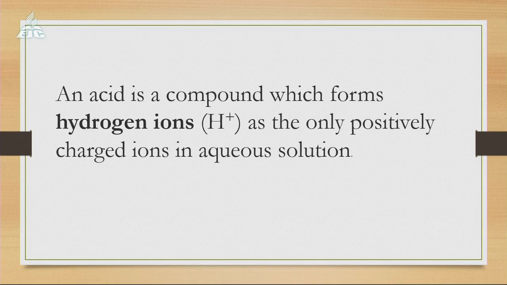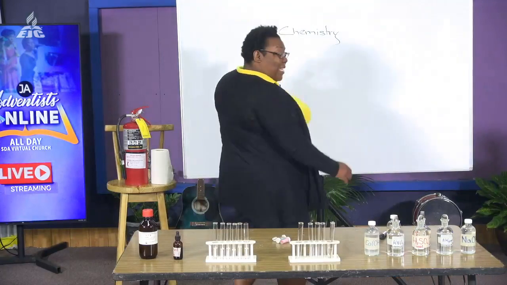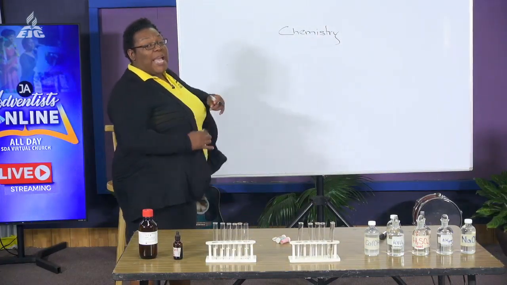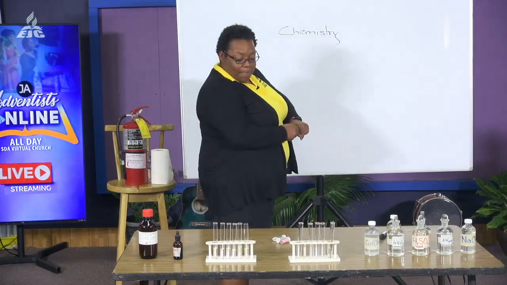What is an acid? An acid can be defined in so many ways. We'll just look at about 3 of them. An acid is a compound which forms hydrogen ions as the only positively charged ions in aqueous solution. So while many compounds will have hydrogen as a part of the formula, an acid is that entity which has hydrogen as the only positive ion.